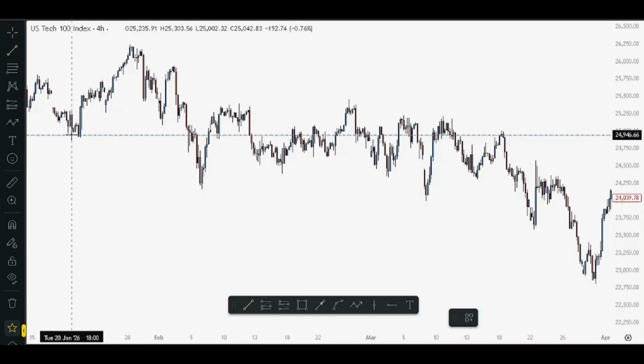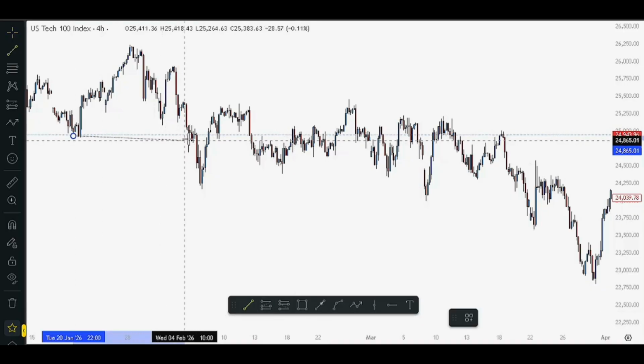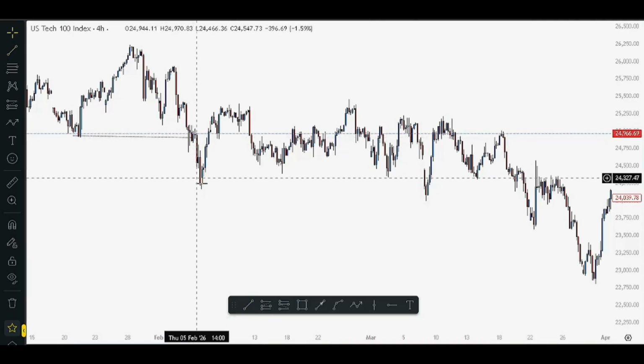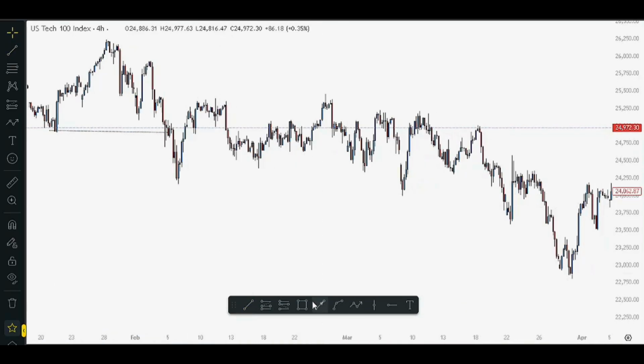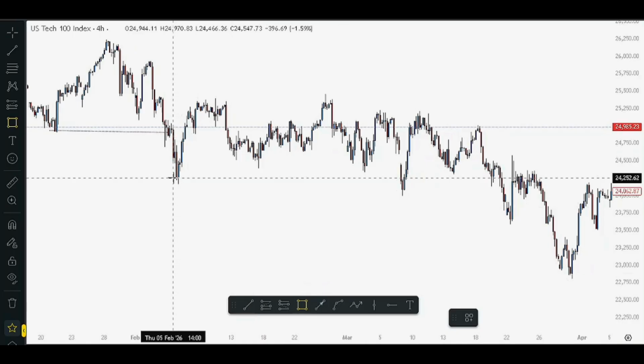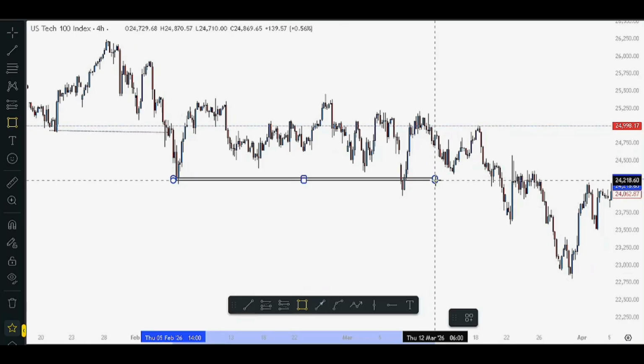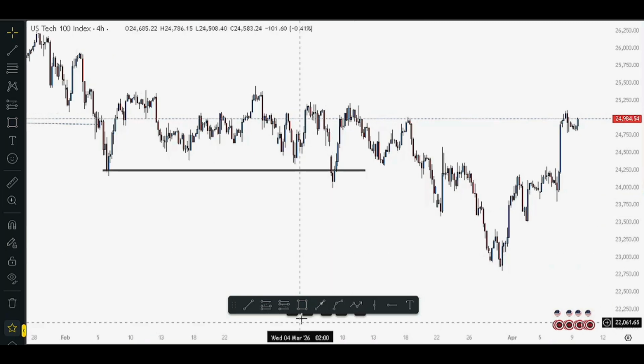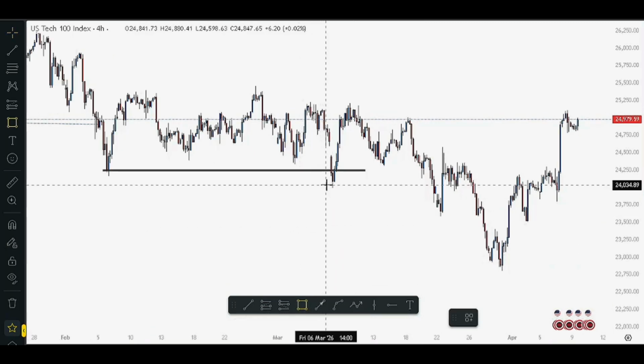Let me use my box to make things a bit straighter. So this is how I basically go into the market looking at it.